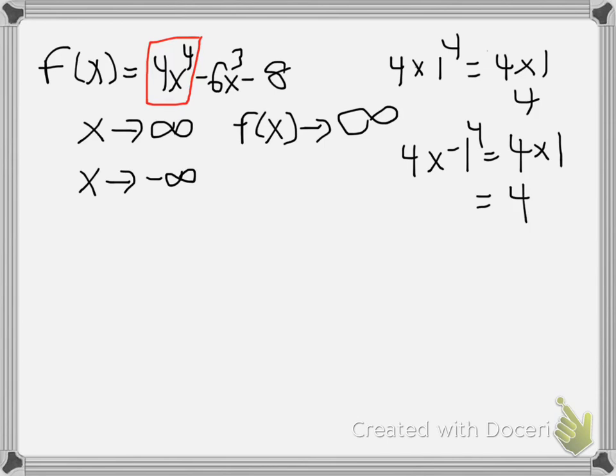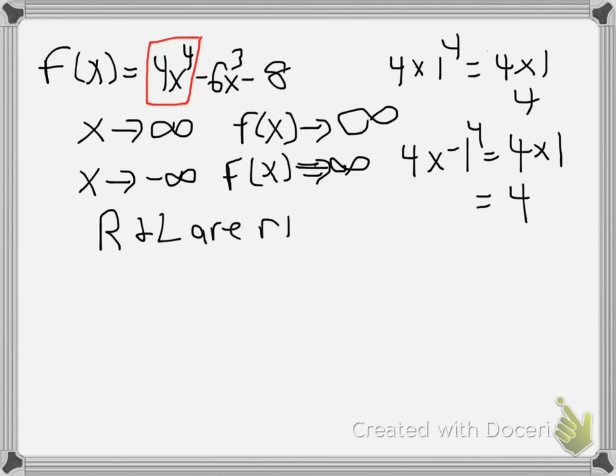So that is also going to infinity. So f of x approaches infinity. Not equal to, it just approaches. So description: right and left are rising. Guys, it's that easy.